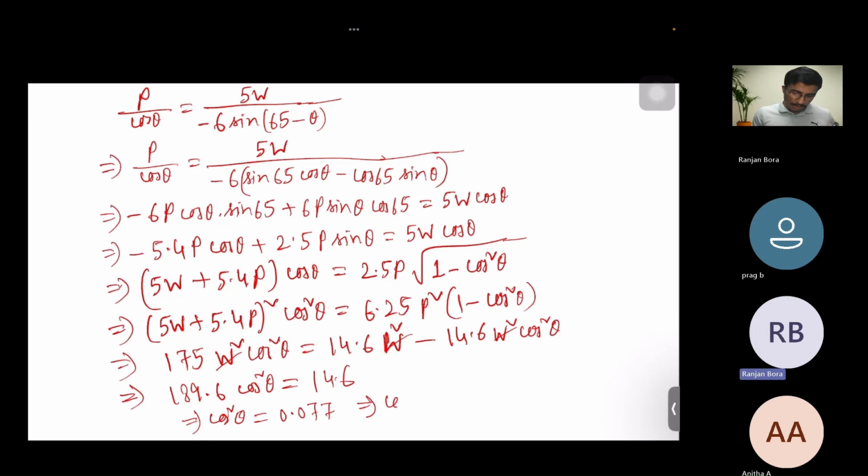So from here, cos theta will be 0.28. So what is theta? 73.8 degree. So we have got theta here.